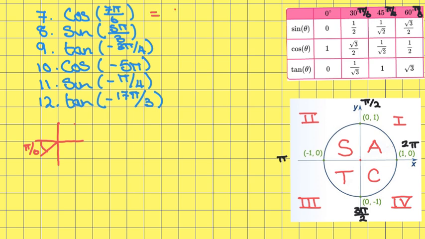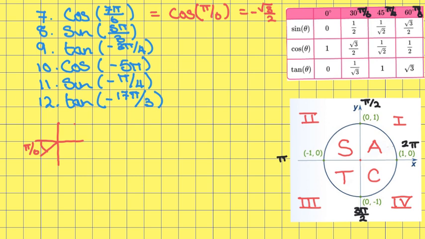So that is equal to cos pi over 6. So now we just need to know if it's positive or negative. So we go to cos, we want pi over 6, so it is root 3 over 2. And it is in quadrant 3. So in quadrant 3, the only one that is positive is tan, so it will be negative.